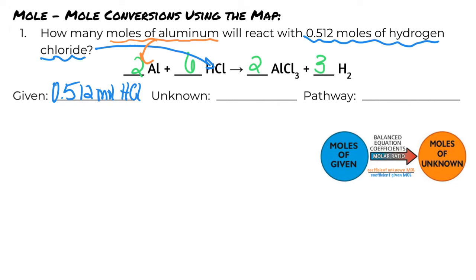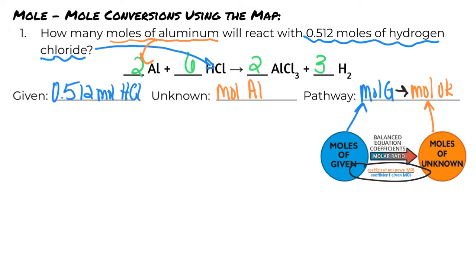Fill in the unknown blank. Our unknown is moles of Al. The pathway is simply moles of given to moles of unknown. So you can see our moles of our given to our moles of our unknown. So we are going to again use the conversion factor that we see below.